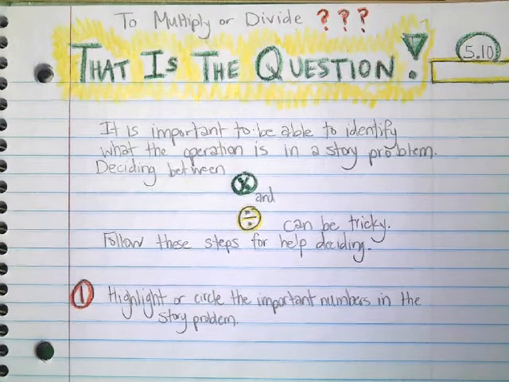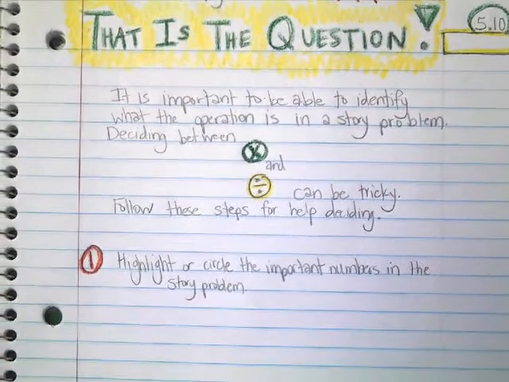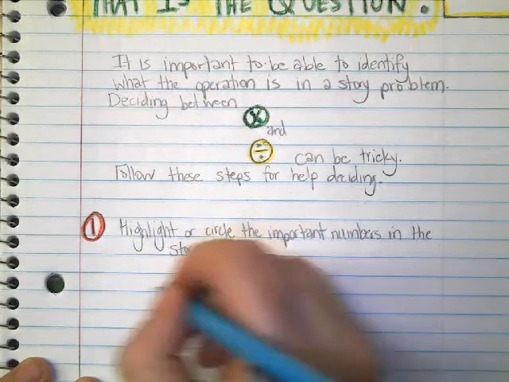That's the first thing we'll do. The second thing we'll do, so go ahead and slide it down and write in number 2. The second thing we'll do, and outline it in red, is highlight or circle the important key words in the story problem.